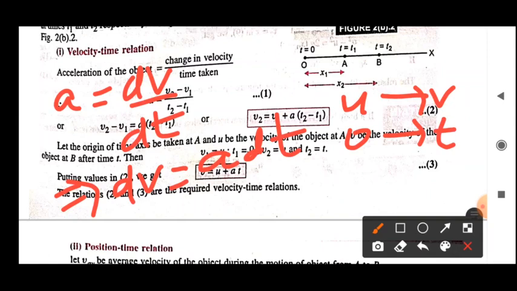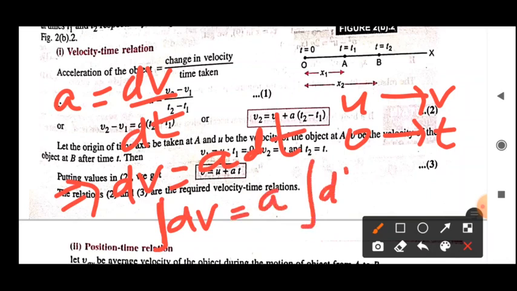If acceleration is constant, then we can integrate both sides. As A is constant you can take it outside of the integration, so this will be dt. Here v varies from u to v, and t varies from 0 to t. So let's integrate this.